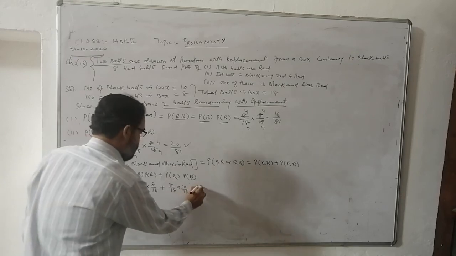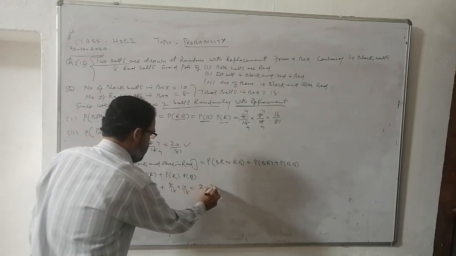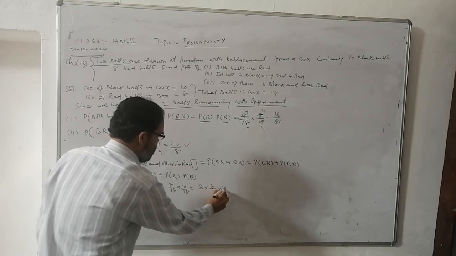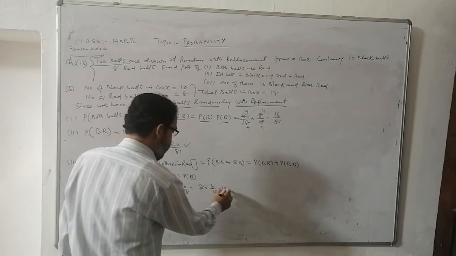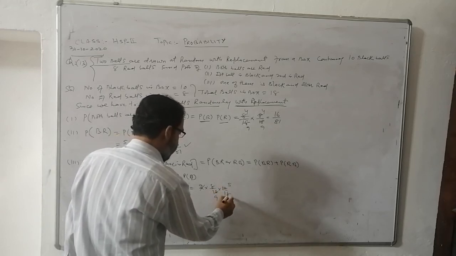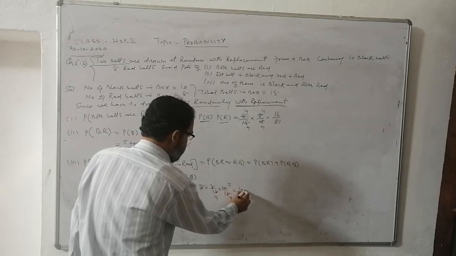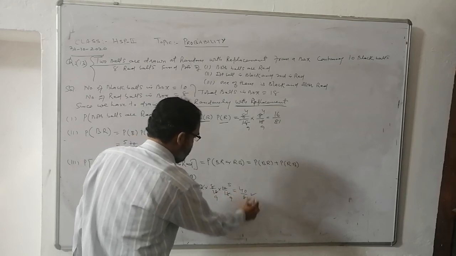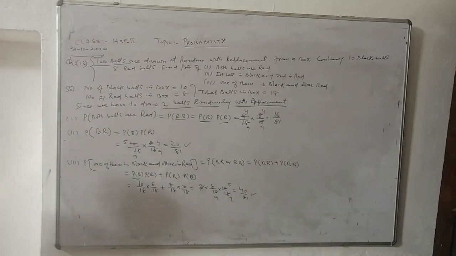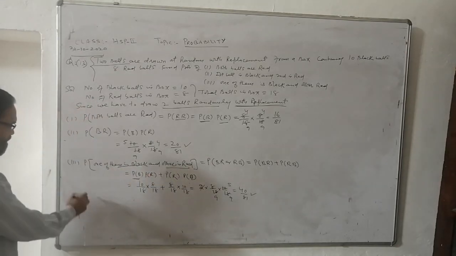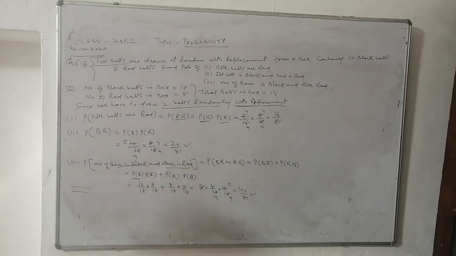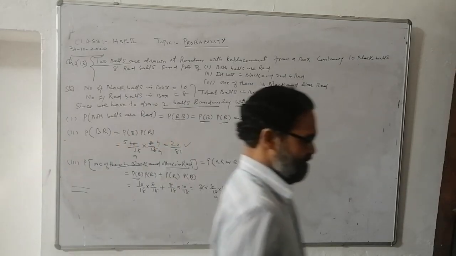So this is 2 times 8 upon 18 times 10 upon 18, which is 40 upon 81. So 40 upon 81 is the probability that one of the balls is black and the other is red. So in this way, this question is to be solved.